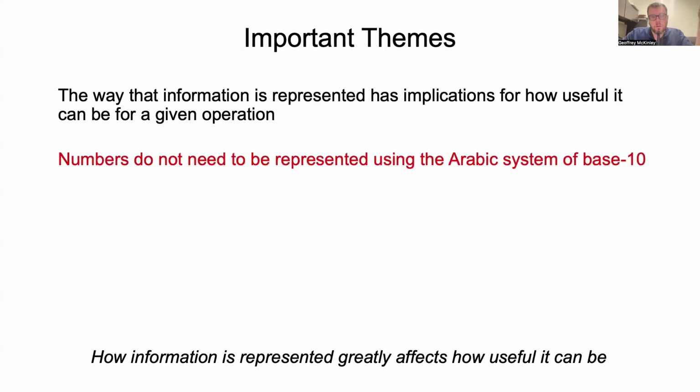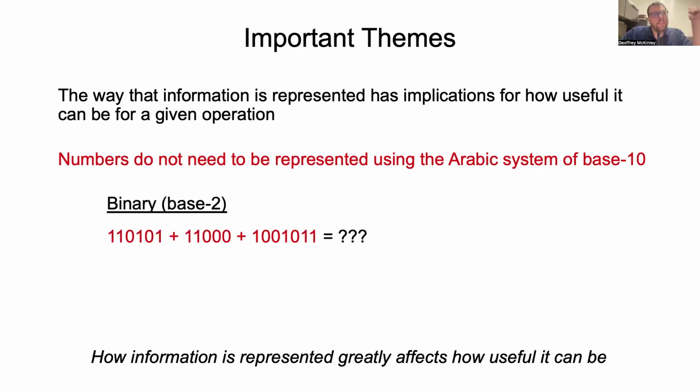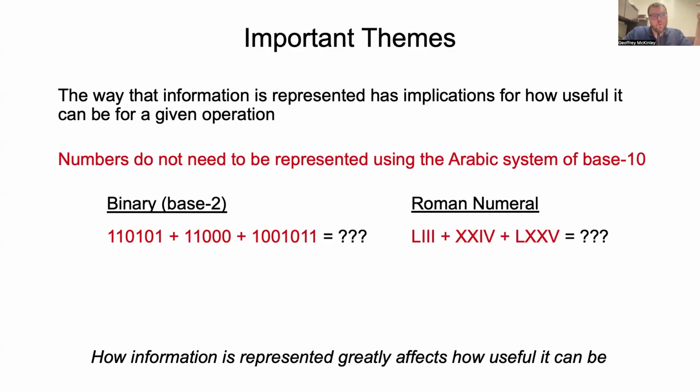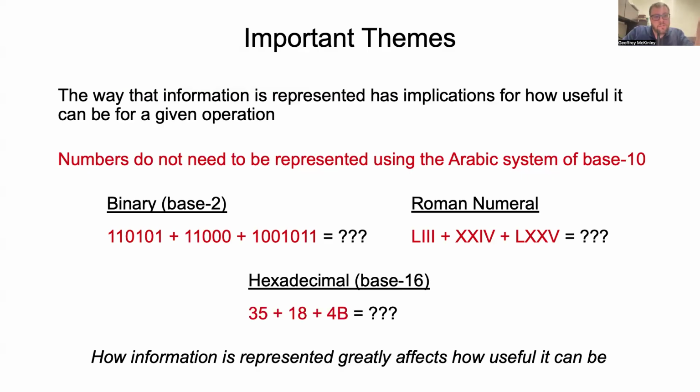They did a lot of work on math during the Dark Ages. So, we use the Arabic system, but you can use the binary system of base 2, right? Or you could use Roman numerals, right? We use Roman numerals in sports, but we could use them everywhere if we wanted to. We could also use hexadecimal, which is base 16. I don't know the basics of hexadecimal, but you can still use it.